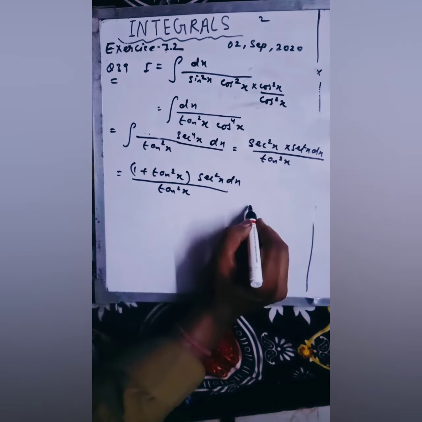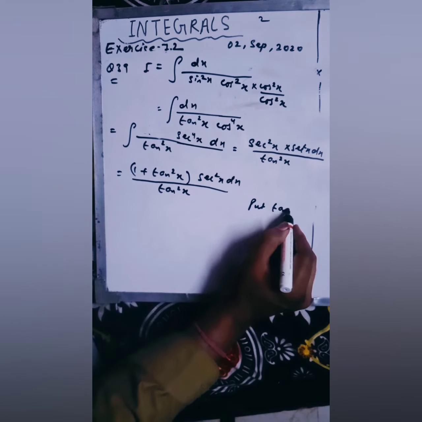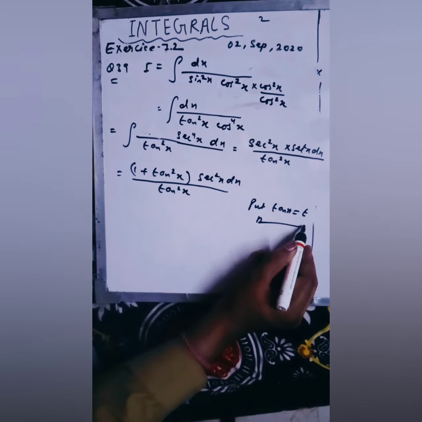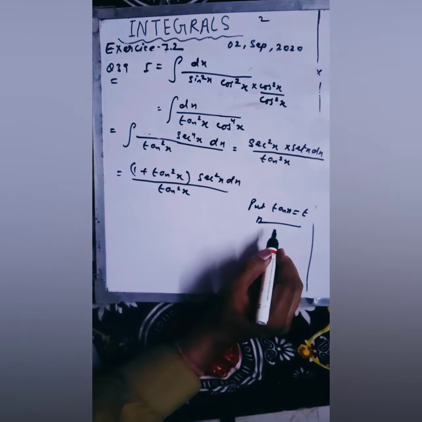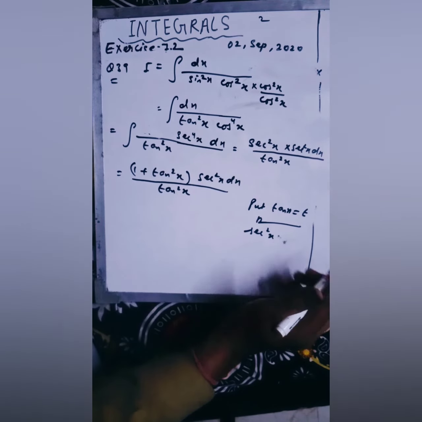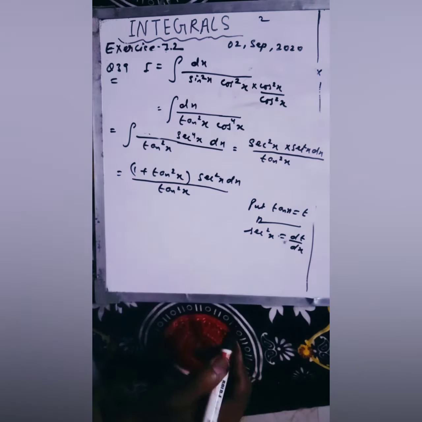Okay, now put tan x equal to t, and differentiating both sides with respect to x, you will get sec square x equal to dt by dx.